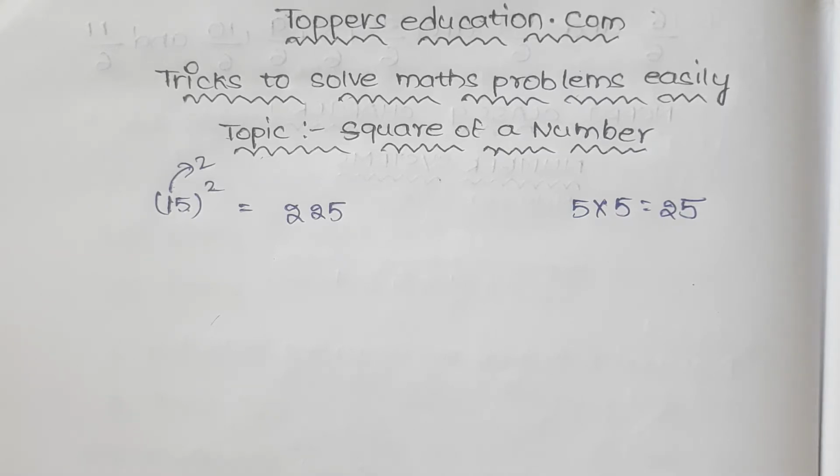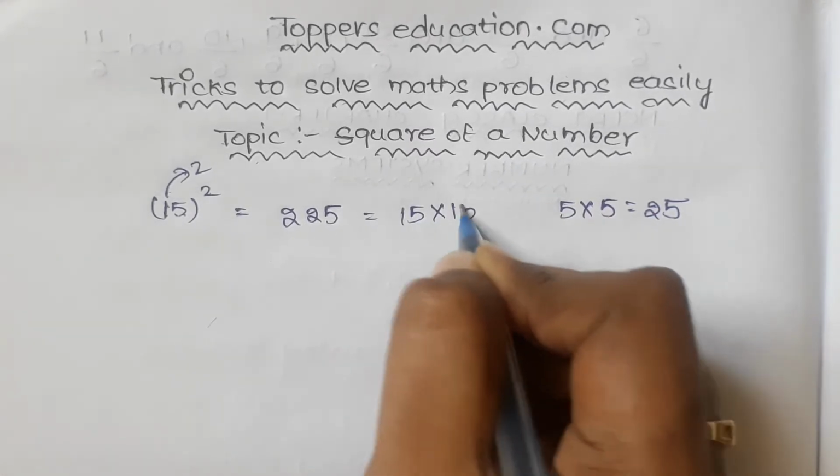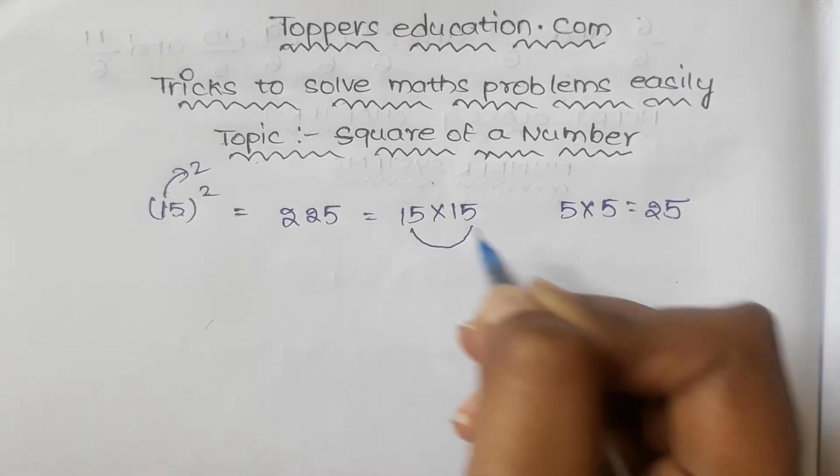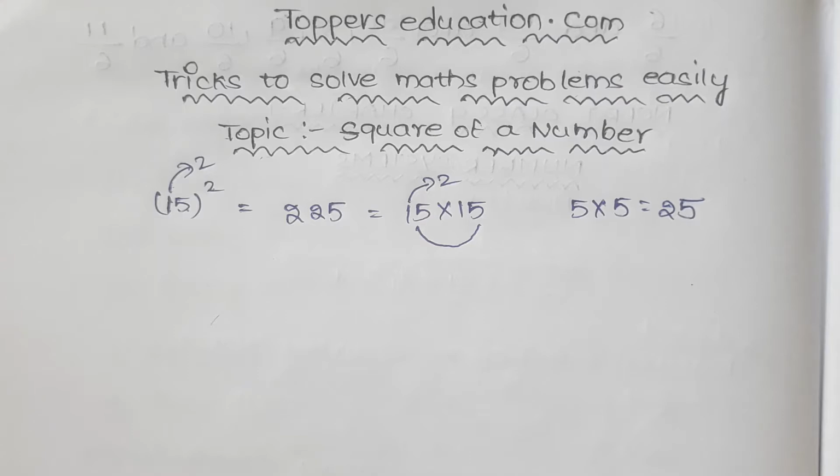As I said in the previous video, this is the same as the multiplication process, that is 15 into 15: 5 into 5, and 1 is multiplied by the next number, that is 1 into 2.